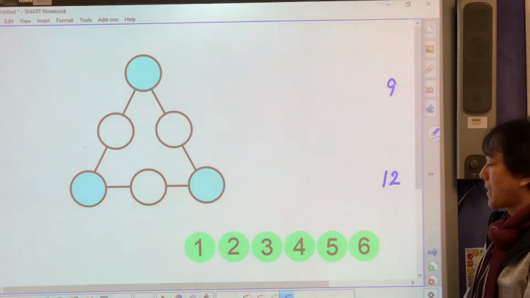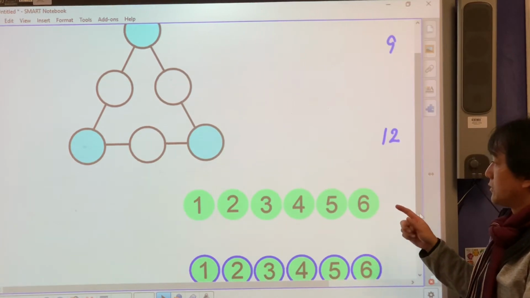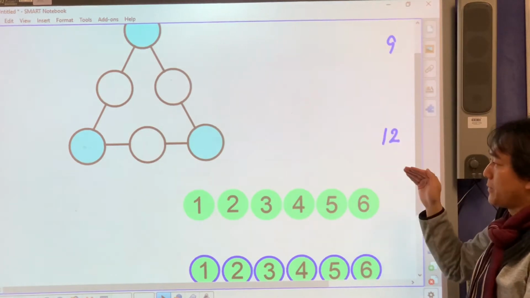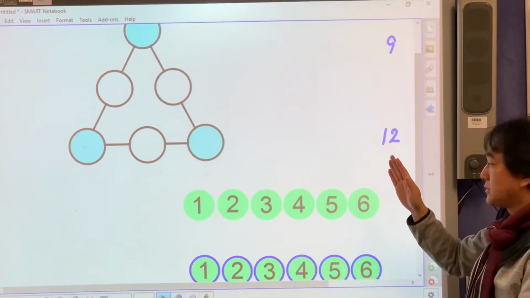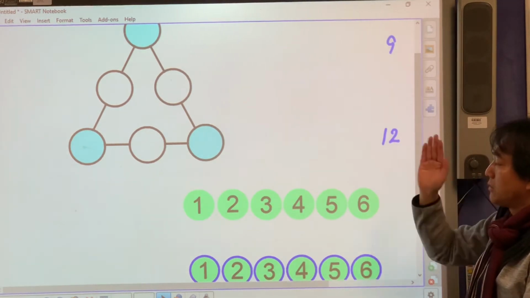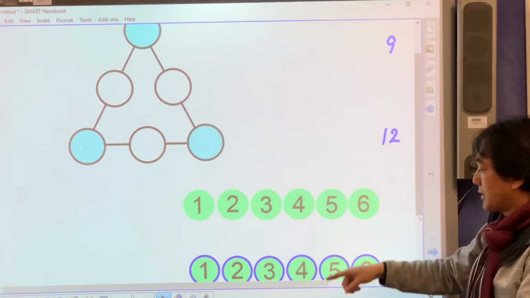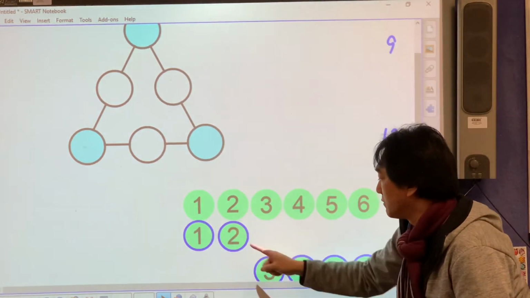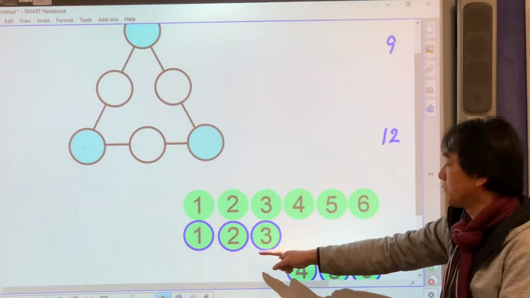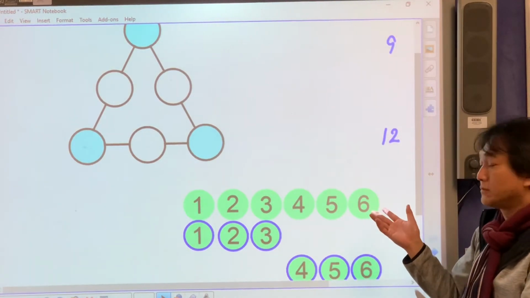So again, we have to think of these numbers. When we put certain numbers on the corner, those numbers will be added twice. That's where we're coming from. Now, also, did you realize that, considering these numbers counted twice, when I add these all together, that's 27. 9, 3 times, is 27.